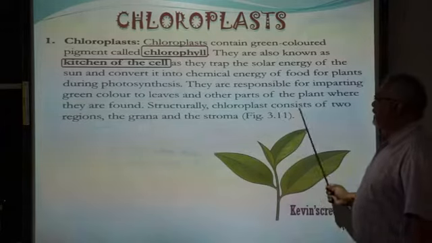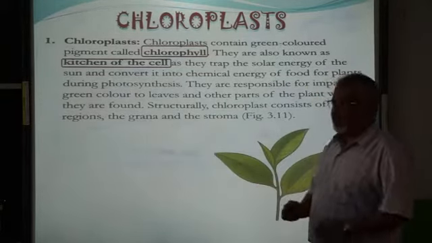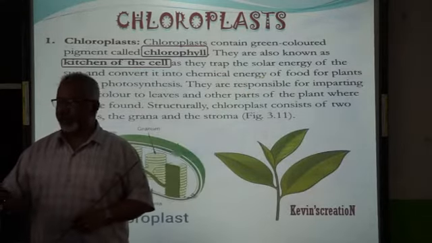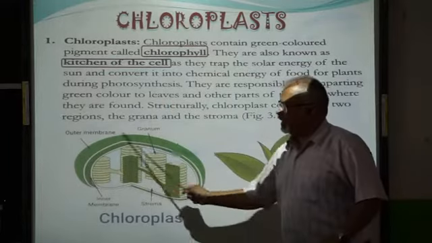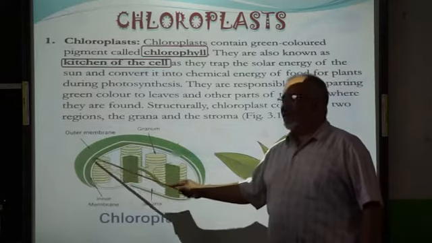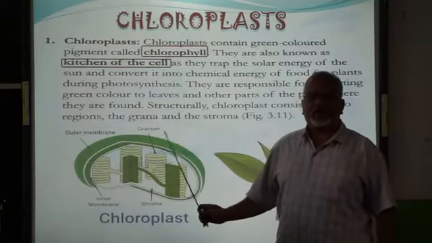Structurally, chloroplast consists of two regions called grana and stroma. So let us see the structure of chloroplast. This is the internal structure as well as the external of chloroplast. It is a double membrane structure. All these things are not required, but still you should know.